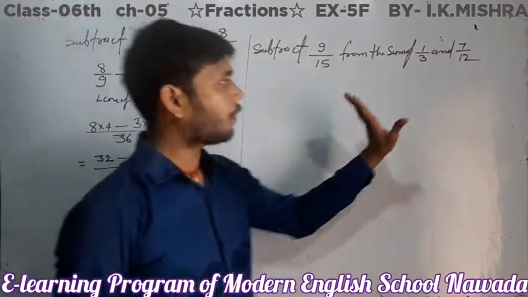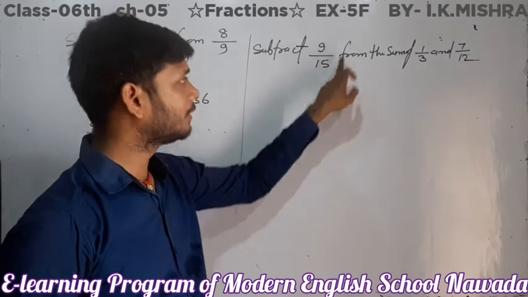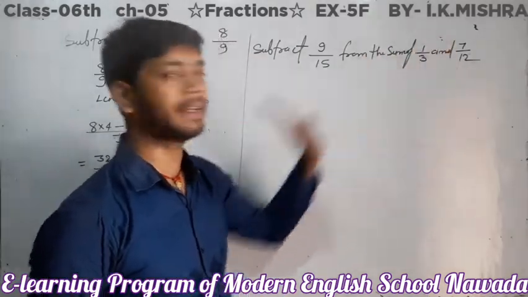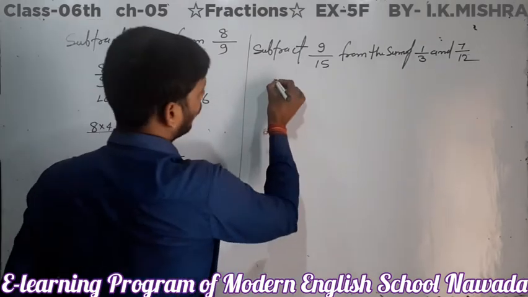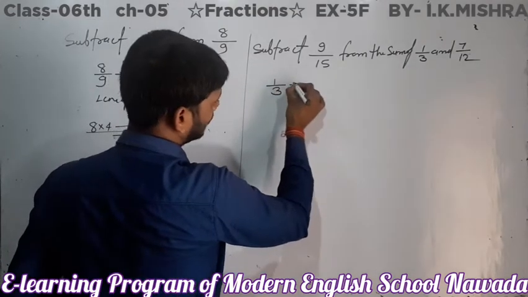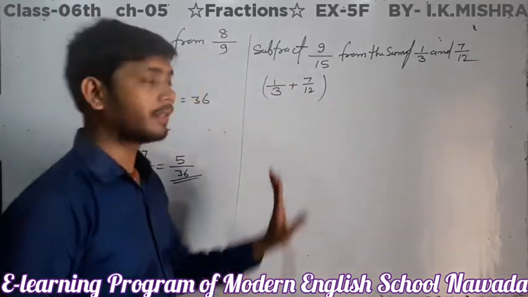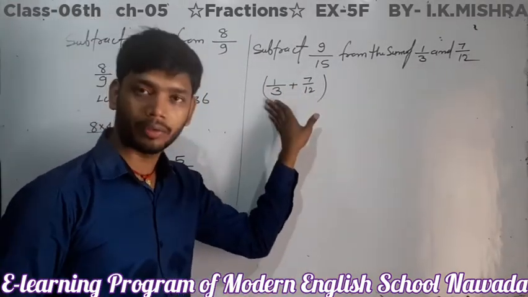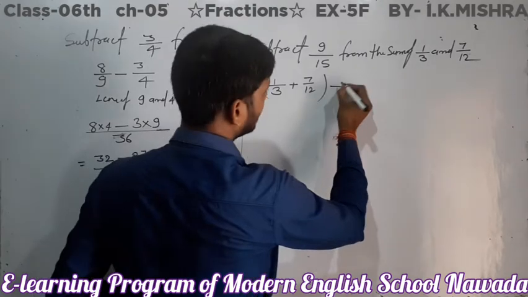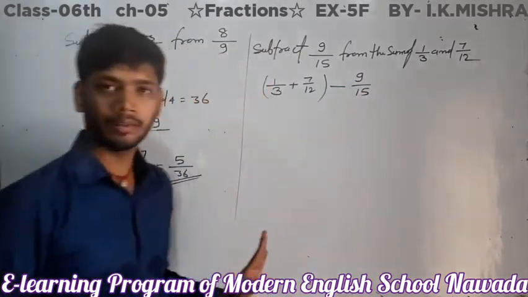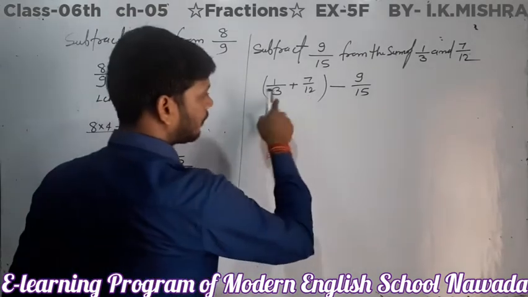Here we have to subtract 9 by 15 from the sum of these, so it will be written as 1 by 3 plus 7 by 12 in a bracket, minus 9 by 15. First find the sum of this and then subtract 9 by 15. Clear, students?